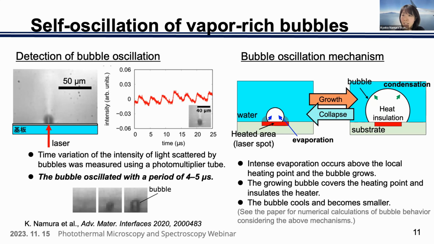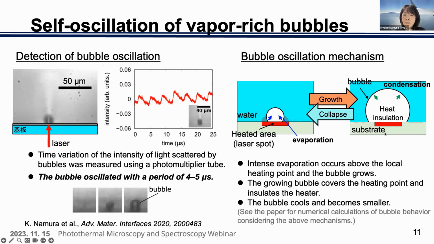And about the bubble oscillation mechanism, we are still working on it, but now we think that because the heated area is really small and has a steep edge, if the bubble touches this area, then the liquid evaporates and the bubble becomes big.